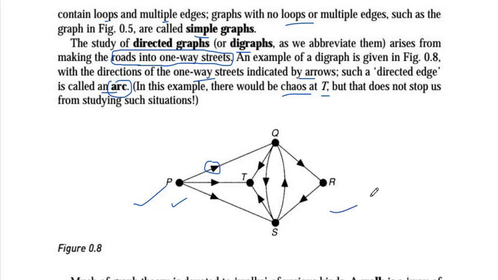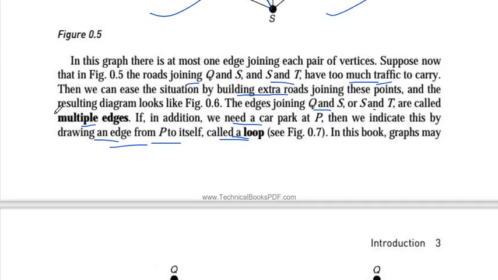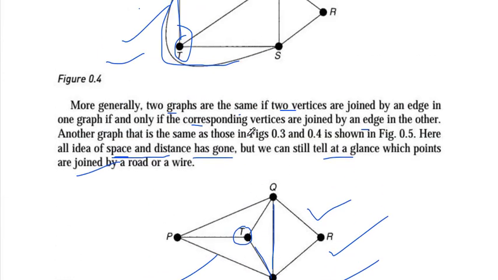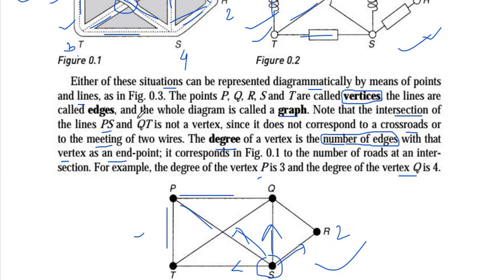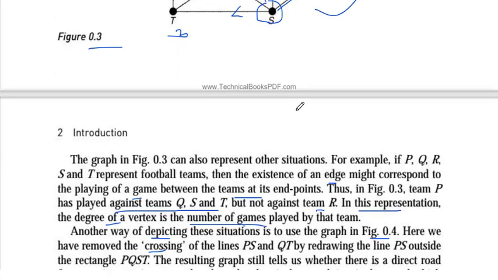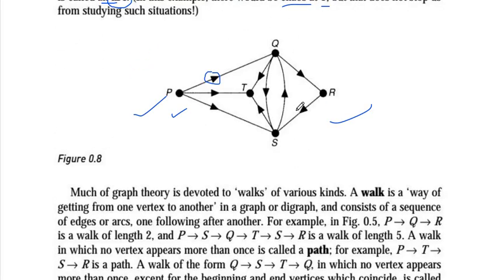This graph is called a directed graph, a one-way street. So we have studied simple graph and directed graph, multiple edges and loop, vertices, edges, graph and degree of vertex. These are the definitions we have studied. Next definition.